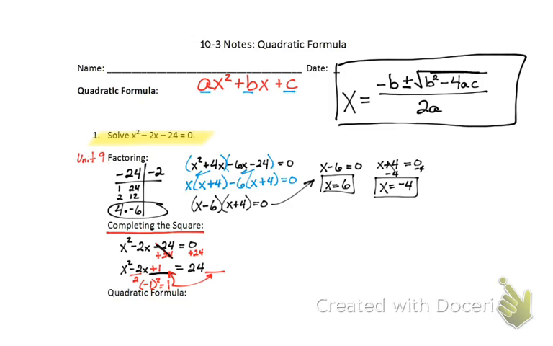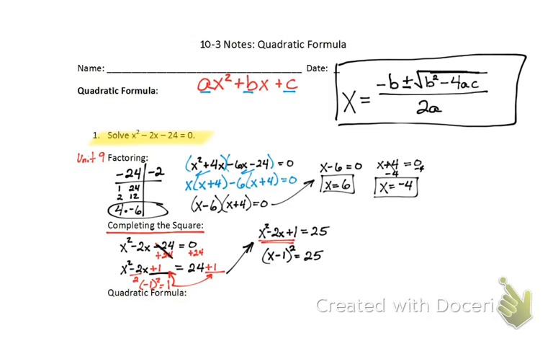So plus 1 here, plus 1 here, which turned this equation into x squared minus 2x plus 1 equals 25. So there you completed the square, which then meant after you completed the square, you would have to factor this trinomial, which is now a perfect square, so it factors into x minus 1 squared equals 25.